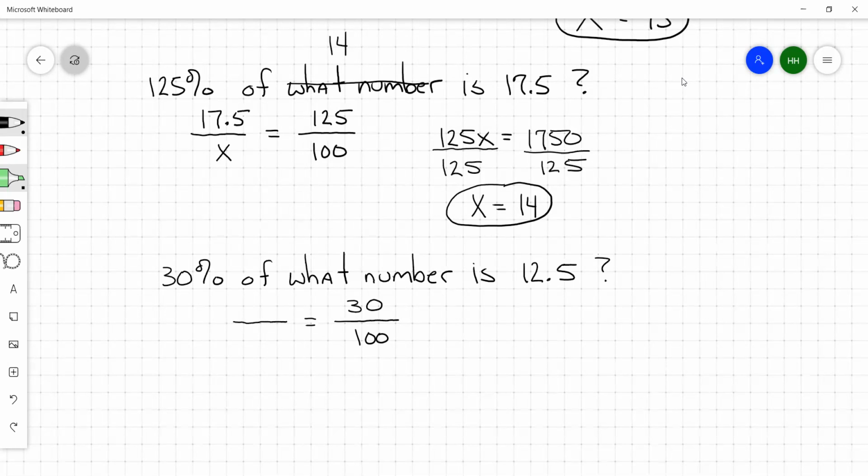Of what number, there's your variable. Is 12.5, there's your is. So x times 30 is 30x, equal to 12.5 times 100, which is 1250. Divide both sides by 30, and x is equal to 41.67.